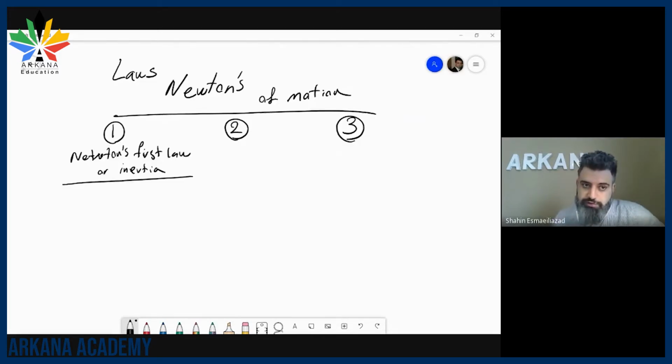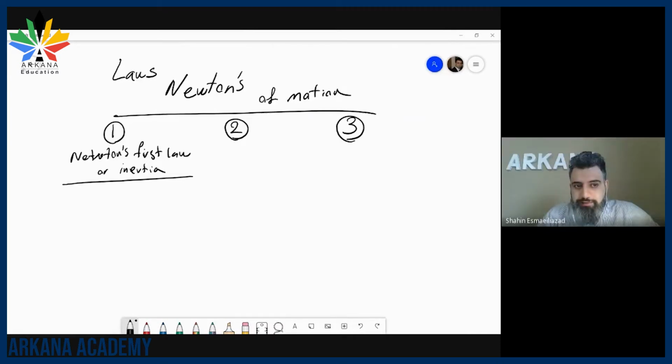It's a law that states that any object at rest, meaning no velocity, velocity equal to 0, will stay at rest. For example, with respect to your point of view, your phone on your desk is at rest with no velocity. And any object in motion will continue its motion with a constant velocity unless there is an external force.